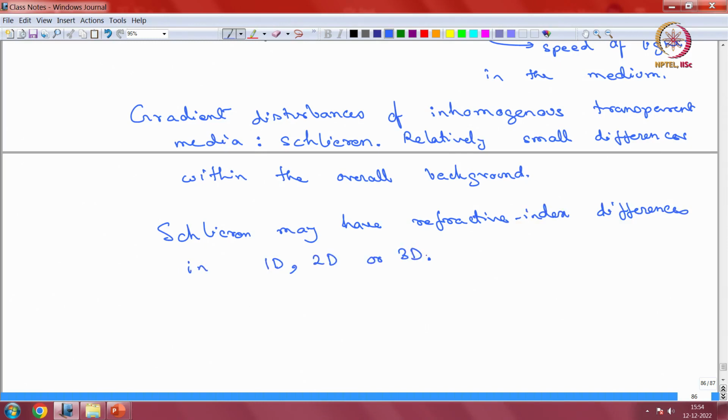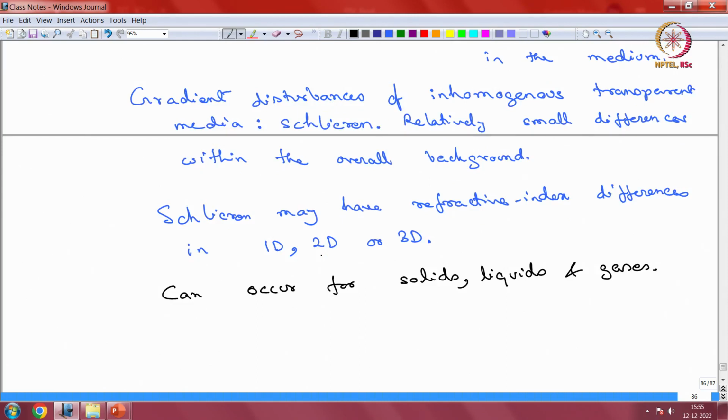Okay, and this can occur for solids, liquids, and gases.